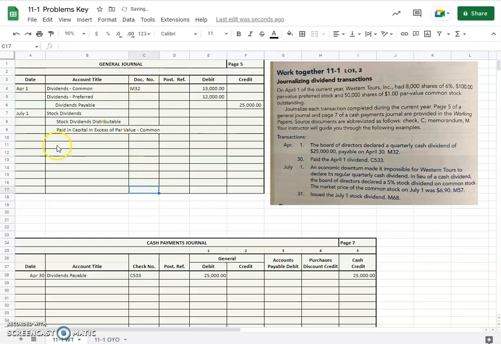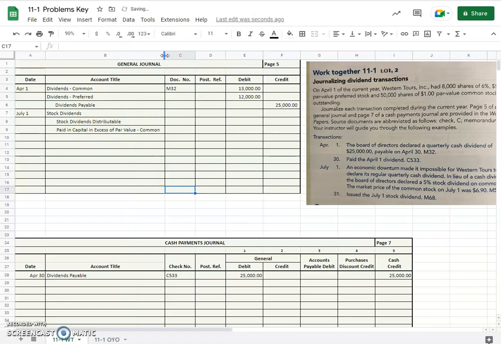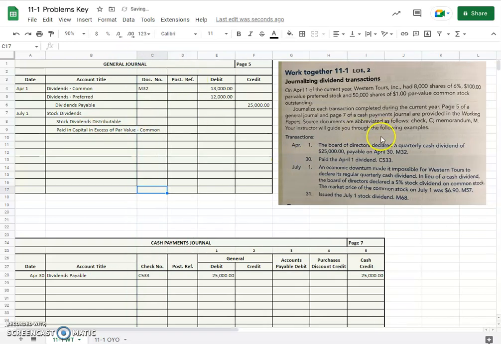Okay, so that went over a little bit. It'll be all right. You could extend this if you wanted to. But then it's hard to see my notes over here. Okay, so we have to figure out just how much this was for. A 5% stock dividend on common stock. Okay?